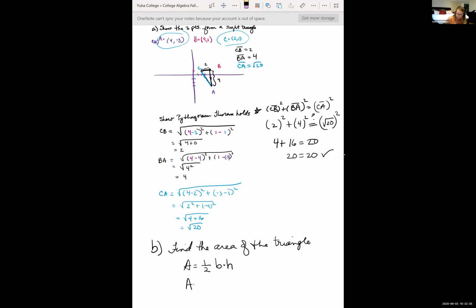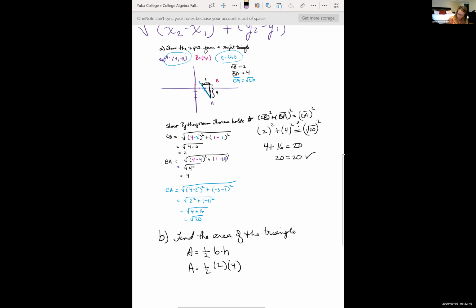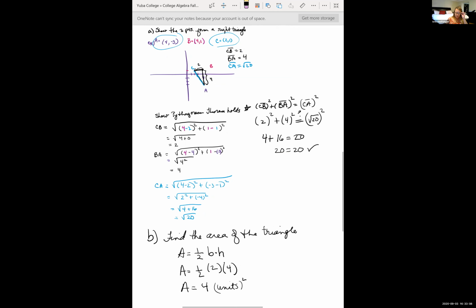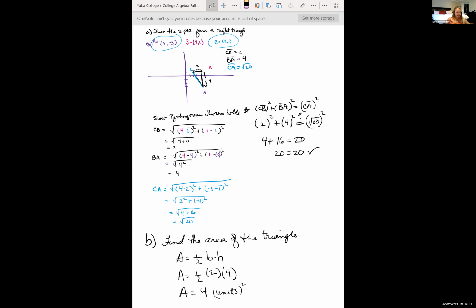We have 1/2 times our base, which is 2, all times our height, which is 4. Well, 1/2 times 2 is 1, times 4 is 4. I don't know what the units are, but just make sure if you have units, you put that unit squared. Okay, so distance formula, and then the last thing in this section was the midpoint formula.